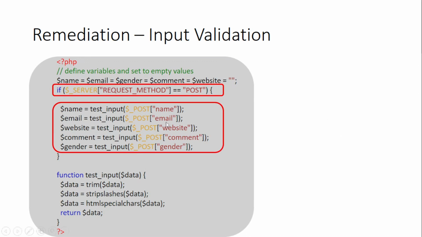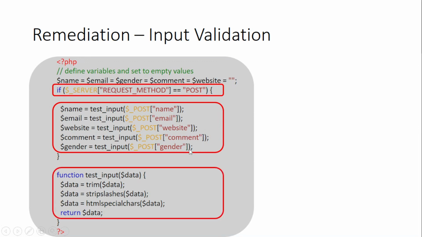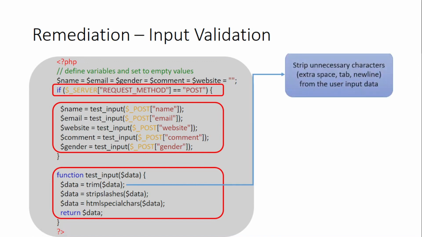So here from the POST we have the variable name, and before getting attributed to the variable name, we first test it through a test function, and we do that with all the variables. The test function here uses the trim function to strip any unnecessary characters like extra space, tab, new line from the user input data.